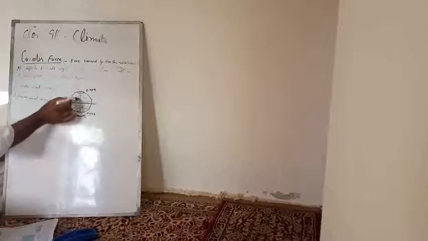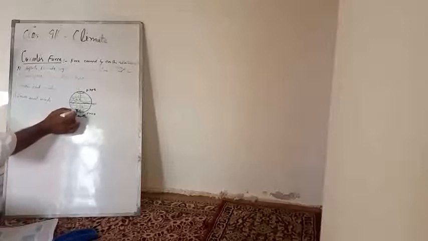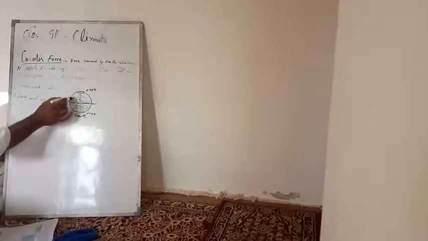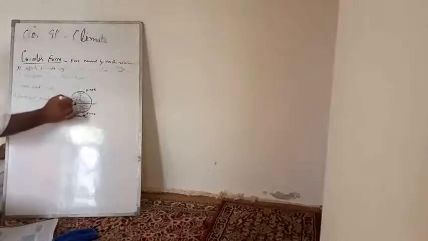They are called northeast winds, and the winds which blow from south towards the west are called southwest winds. So these are the two groups of winds. The northeast winds are deflected towards the right, while the southwest winds are deflected towards the left.